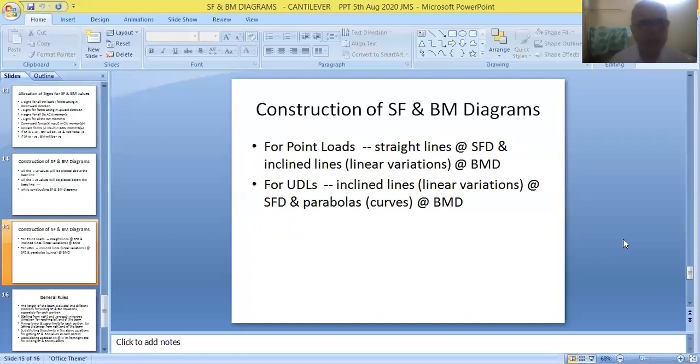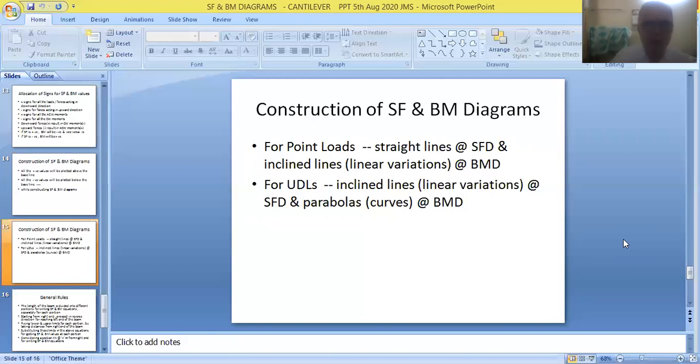And friends, here we have some information regarding the shapes of SF and BM diagrams. So for point loads, straight lines will be coming at SF diagram, and inclined lines will be coming at BM diagram.